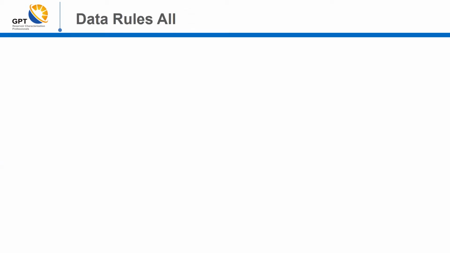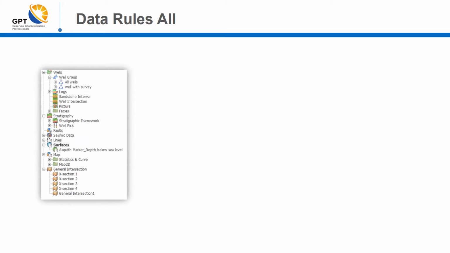GES runs on data, lots of data. We have data of multi-disciplines, formats, sizes, and vintages. That's why we need a strong data management engine. In GES, we use a data tree to organize our data. You can edit your data, group your data, and do data statistics on the data tree. And of course, GES gives various ways to visualize your data.